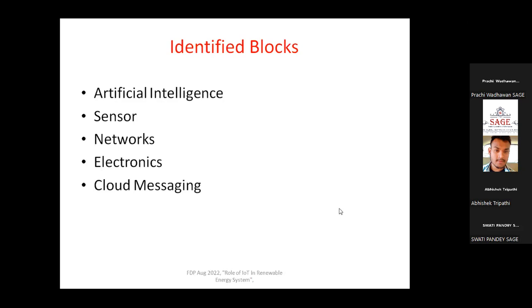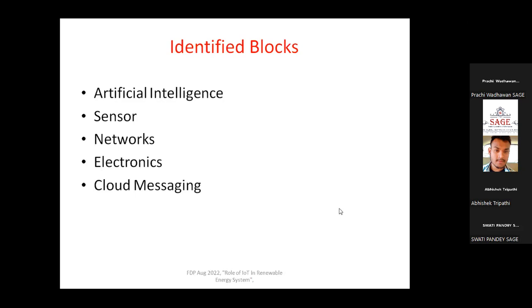Earlier we had sensors and networks, but with the advancement in artificial intelligence, we can apply this concept in different domains. With the advancement in electronic equipment, and low power equipment and low power protocols, the IoT setup can work for a long time.